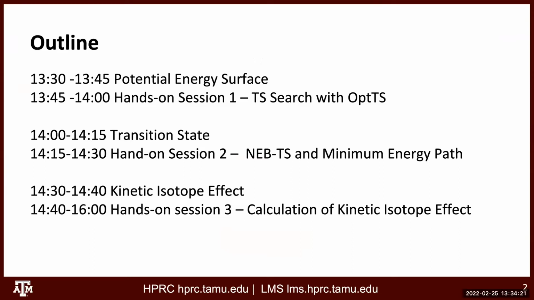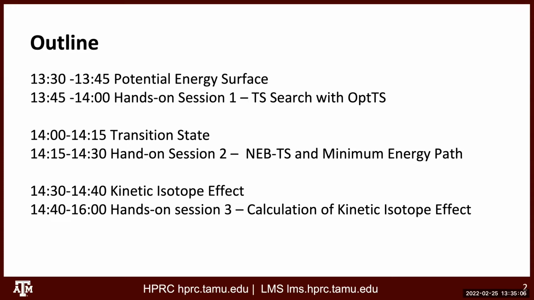This is the agenda for the afternoon part. We will have 3 short lectures on the basic concepts of potential energy surface, what a transition state is, and what kinetic isotope effect is and how to calculate it. Then 3 hands-on parts give you real practice finding transition states with the OPTTS and NEBTS methods in ORCA, and finding the minimum energy path.